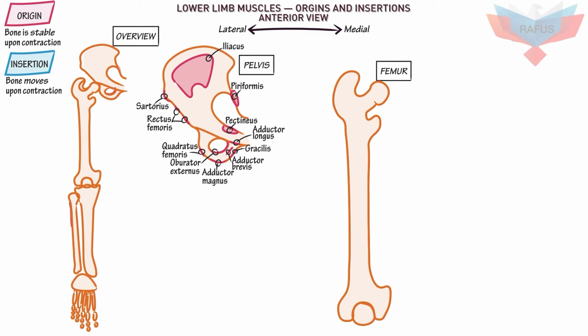Next, we'll indicate insertions of muscles that act on the hip. On the medial aspect of the greater trochanter, indicate the collective tendinous insertion of obturator internus, superior gemellus, and inferior gemellus.